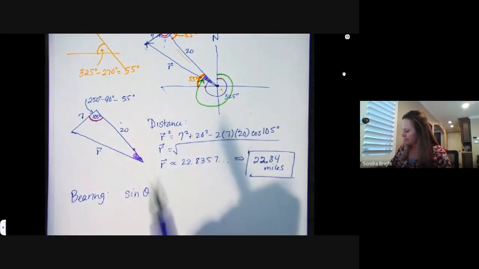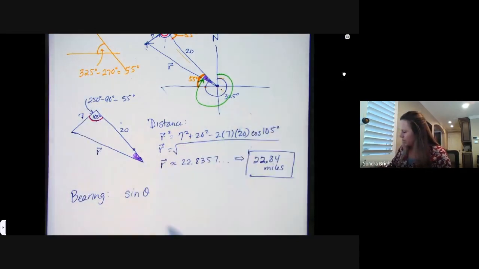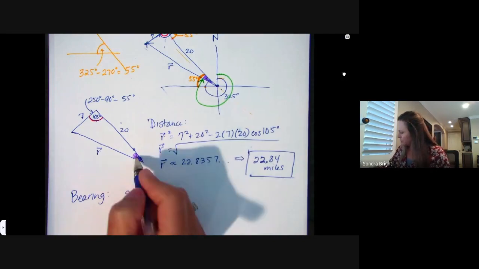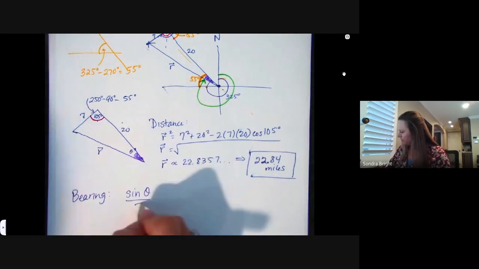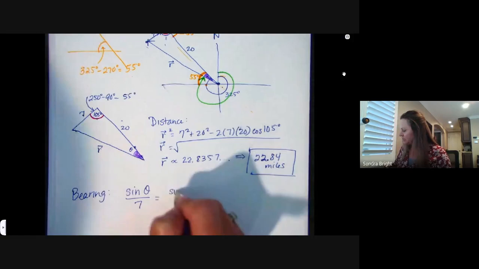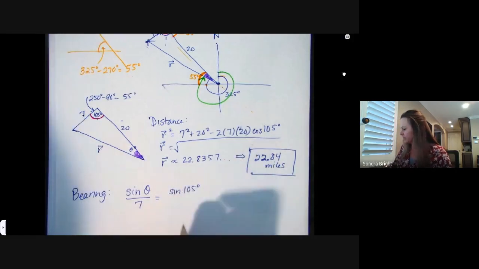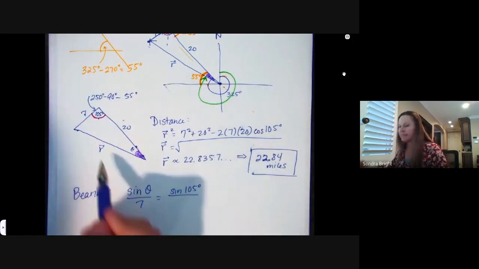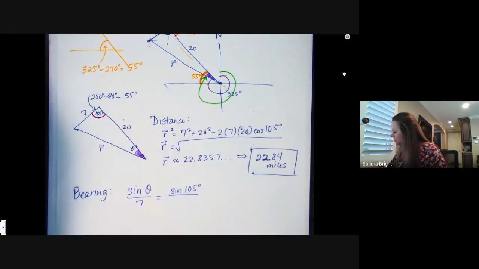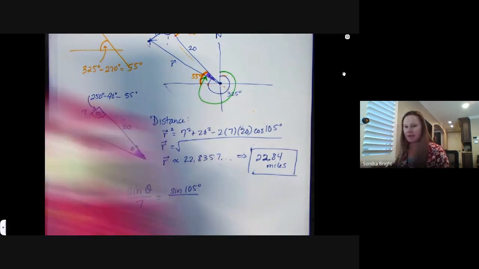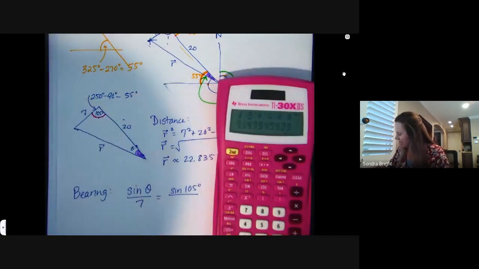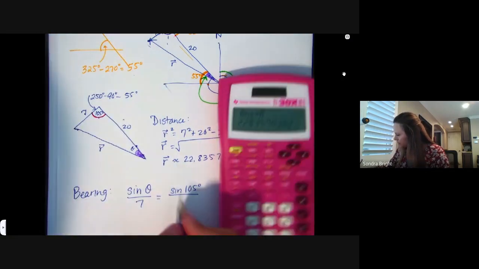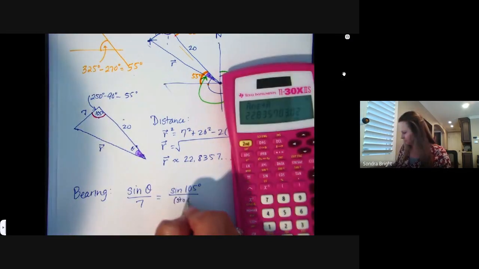So it's sine of theta over 7 is equal to sine of 105 degrees over the magnitude of that resultant vector, which I forgot to store, so I'm going to store it under A right now, and divide by my stored A value.